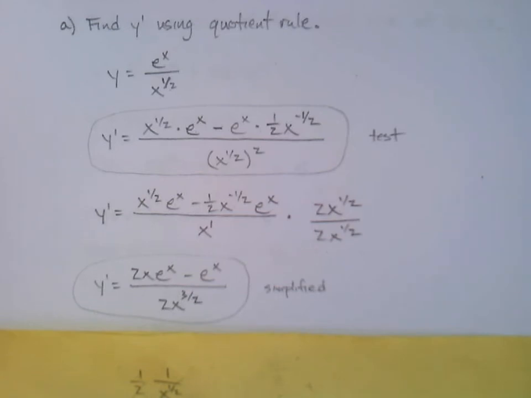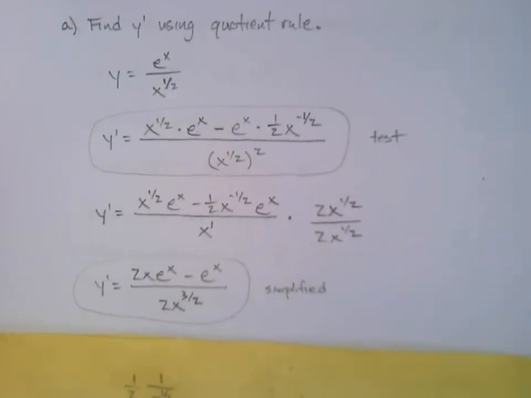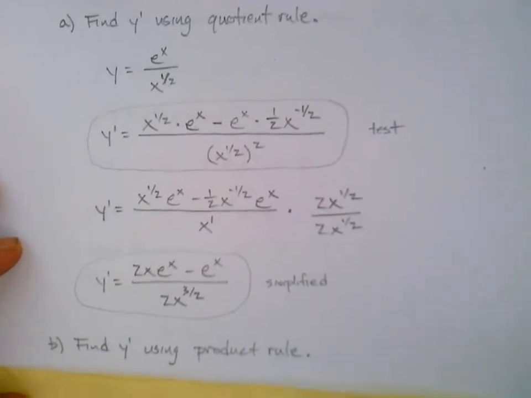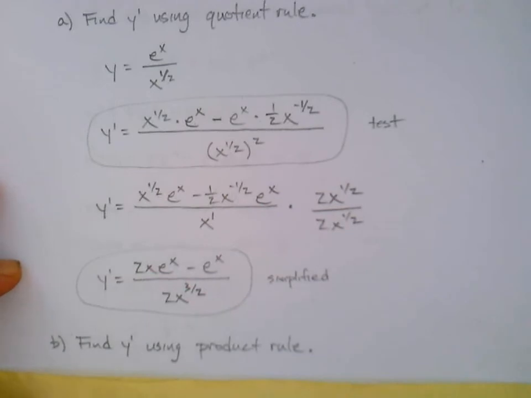Let's move on. That was using the quotient rule for the derivative. Let's do the same function, and it's hard to fit all this on the screen. Part B is now go back, find f prime again, but using the product rule. And think, how are we going to do that?